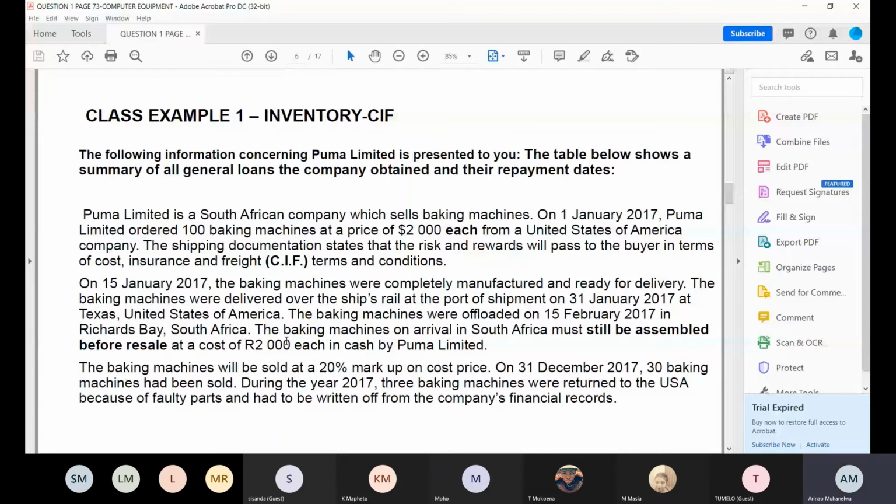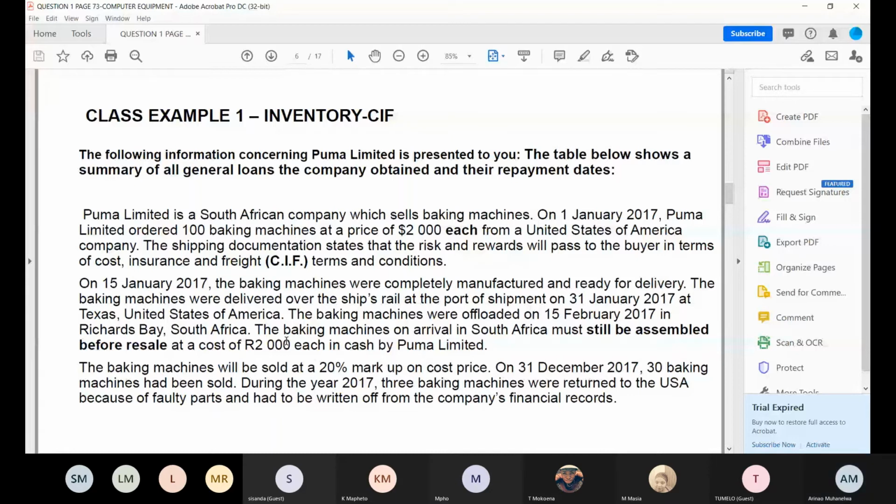We'll see the information that we're dealing with for 2017 and 2018.